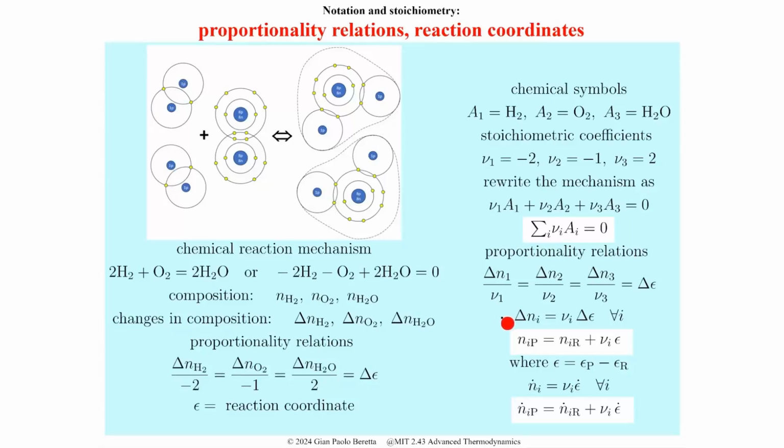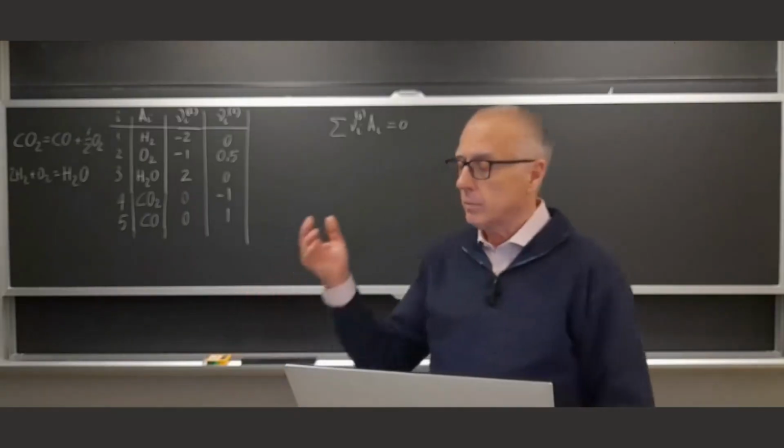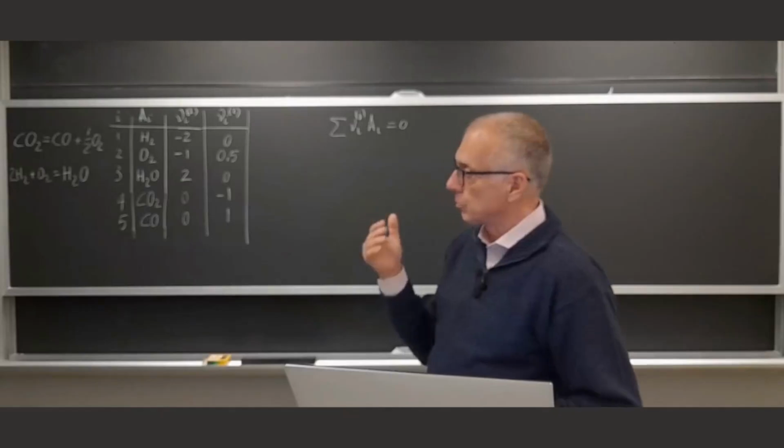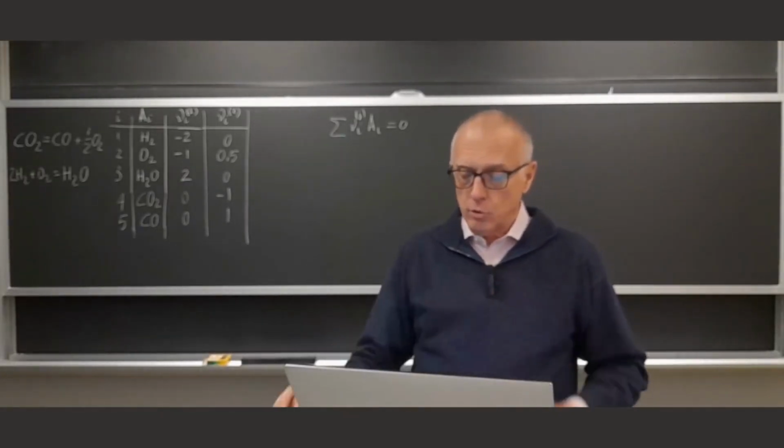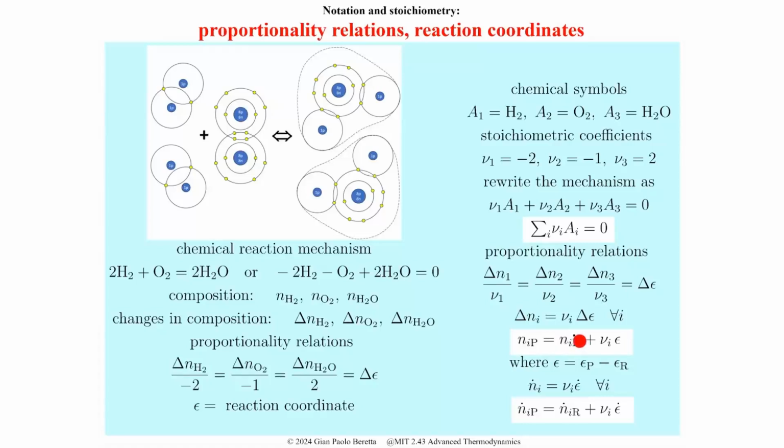For example, like in the previous examples, like in the batch process, the composition goes from that of the reactants to that of the products.